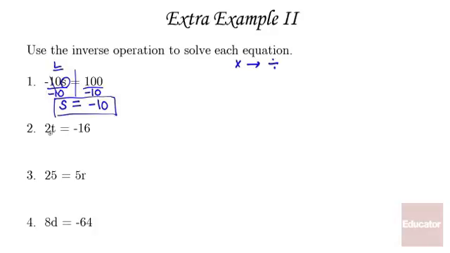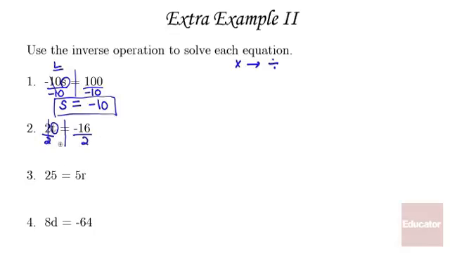The next one, again, you're solving for T. Separate the sides. I have to get rid of the 2 to get T by itself. This is 2 times T, so in my inverse operation, I have to divide by 2. Remember, this line means divide also. That goes away, and then I have to divide this side by 2.